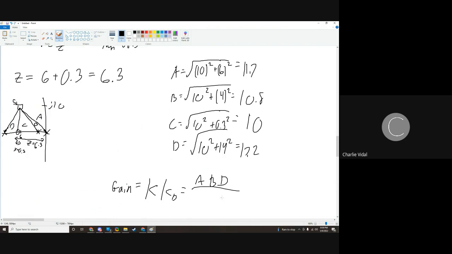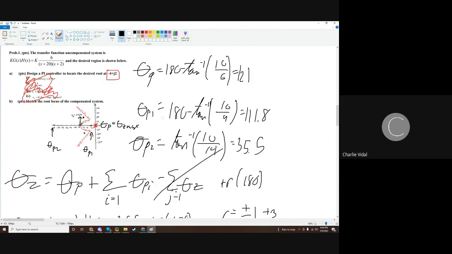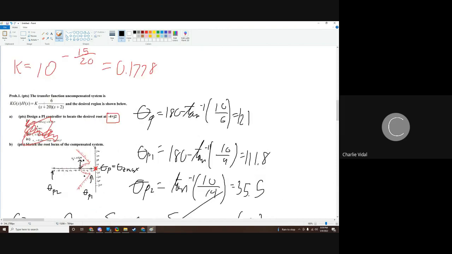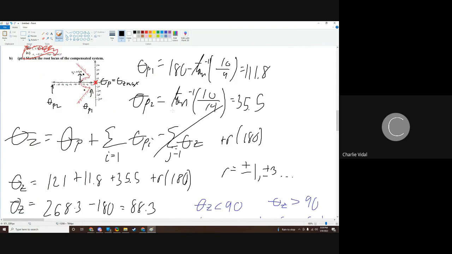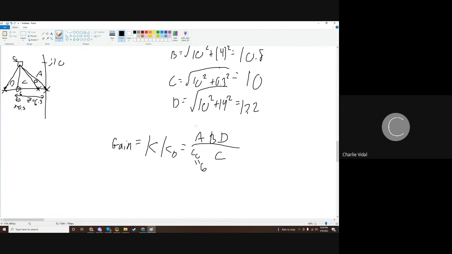So this is going to be C. And also, we have a coefficient here. This coefficient is 6. Why is it 6? Right over here. This is a coefficient. And this will give you a value of 36.2.